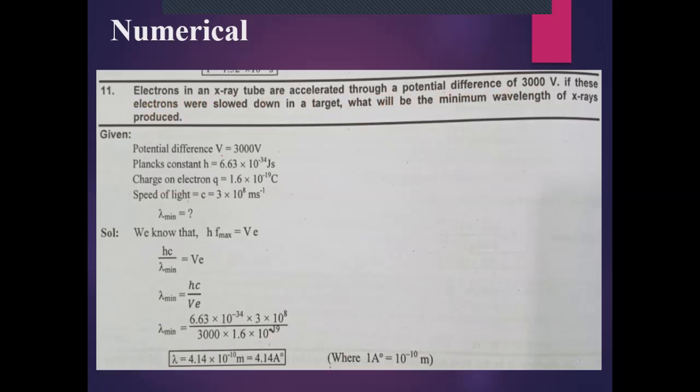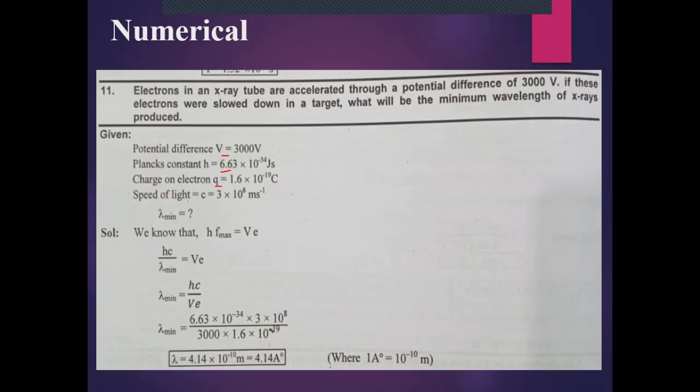So the electric potential is 3000 volts. Planck's constant is 6.63 times 10 raised to power minus 34, the charge on an electron is 1.6 times 10 raised to power minus 19 coulomb, and the speed of light is 3 times 10 raised to power 8 meters per second. If these electrons are slowed down in the target, what will be the minimum wavelength of X-rays produced?